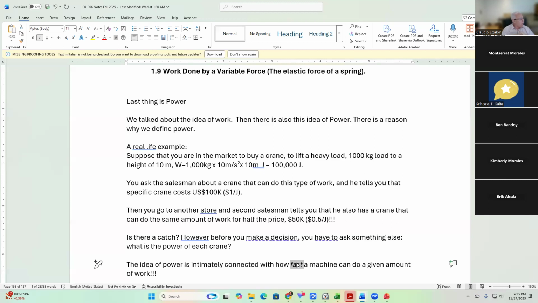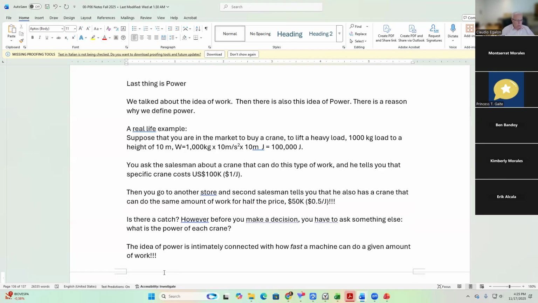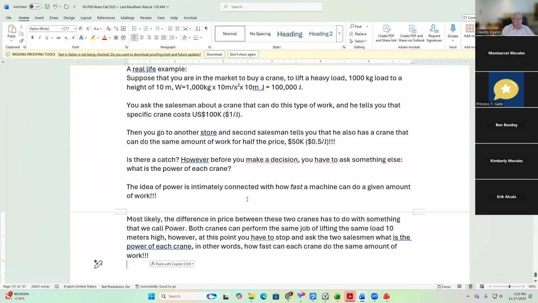That's what the idea of power is all about. Most likely the difference in price between those two cranes has to do with the power.